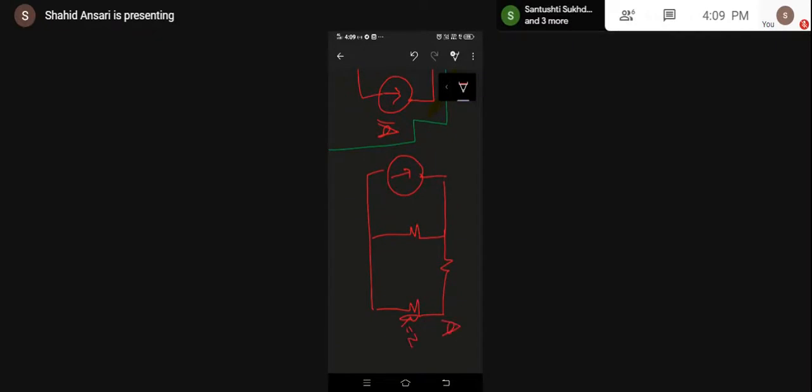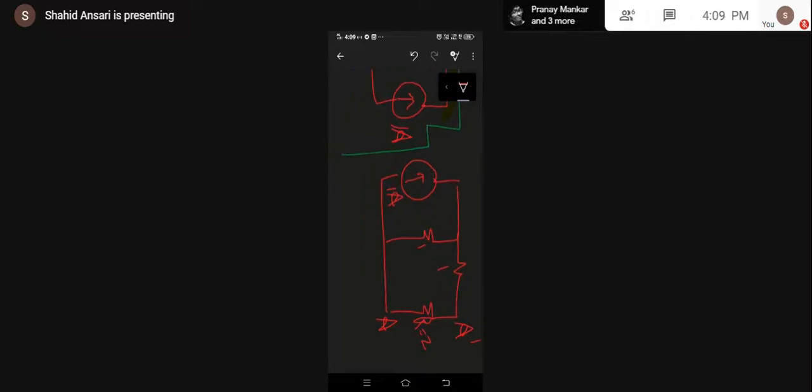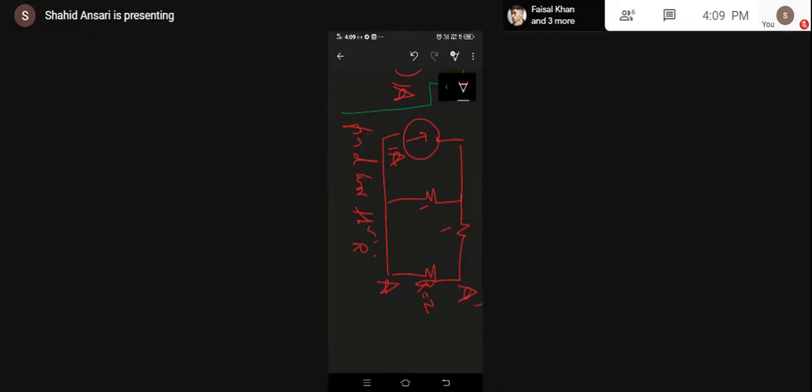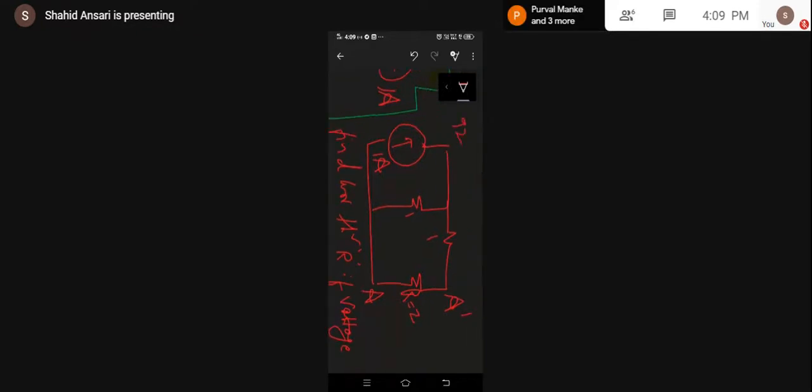R equals 2 ohm, this one is A dash and this one is A, and 1 ampere. Find current through R. This was asked in the 92 IAS exam.